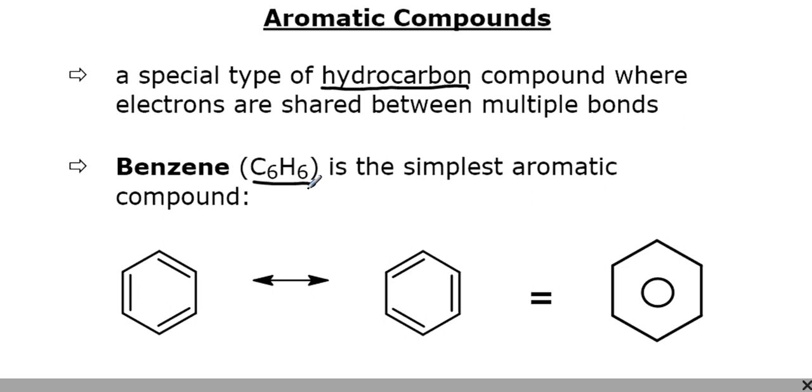When we look at benzene, here's one representation of benzene. It has 3 alternating double bonds. If we were to number the carbons going around, this is 1, 2, 3, 4, 5, 6. You would have double bonds at position 1, 3, and 5.